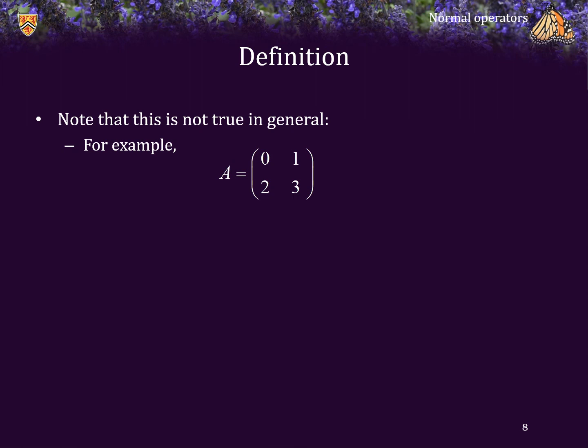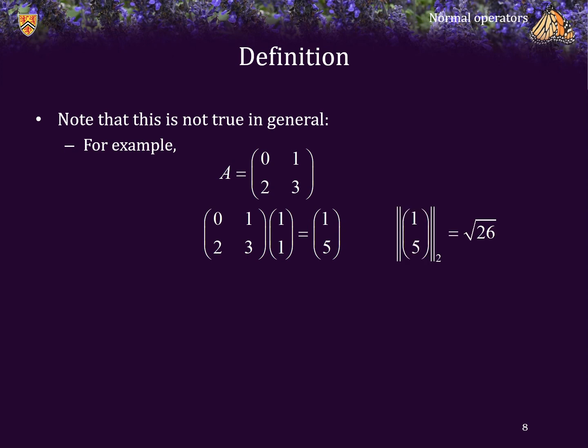Note that this is not actually true in general. For example, given this matrix A, which is 0, 1, 2, 3, a 2 by 2 matrix, if I multiply A by the vector 1, 1, I get the result 1, 5. Now the 2 norm of 1, 5 is the square root of 26. On the other hand, the adjoint of A is its transpose.